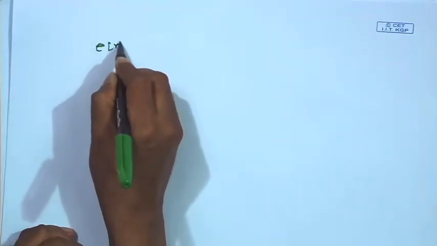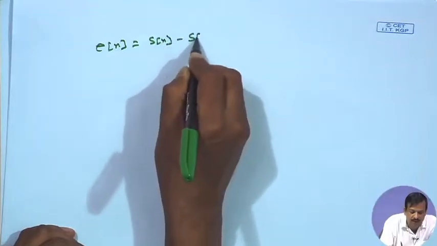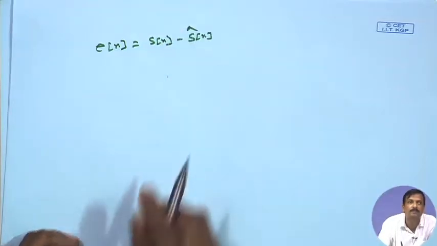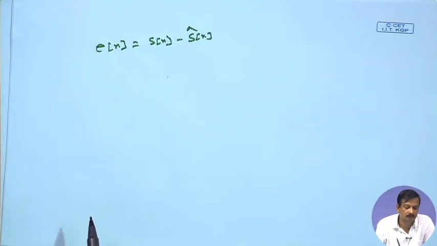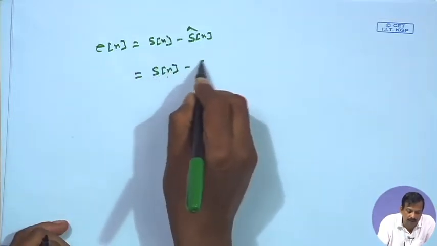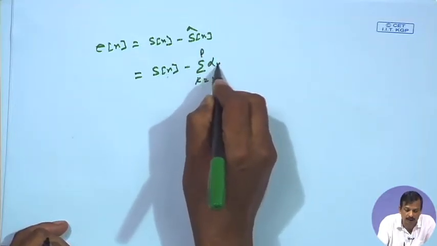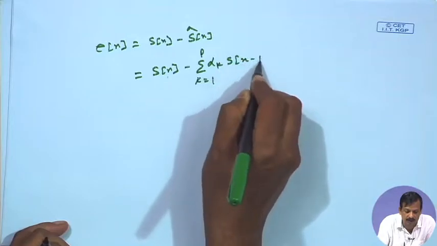The prediction error E n is nothing but my current sample minus my estimated sample. If I write that down, it is S n minus the sum from k equal to 1 to p of alpha k s of n minus k.